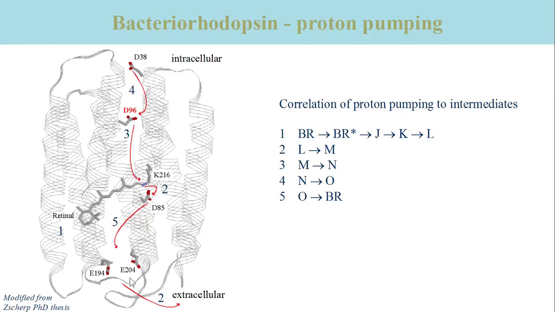Both try to relax to the lowest energy conformation, which is the ground state. Often, such relaxation processes just lead to heat transfer to the environment. Not so in Bacteriorhodopsin. Its relaxation process proceeds via a number of tightly controlled steps that couple energy relaxation to the pumping of a proton.